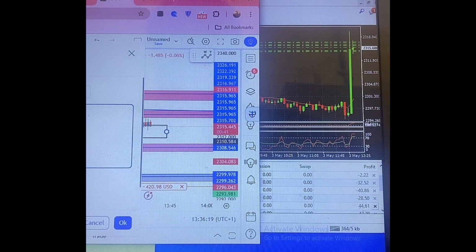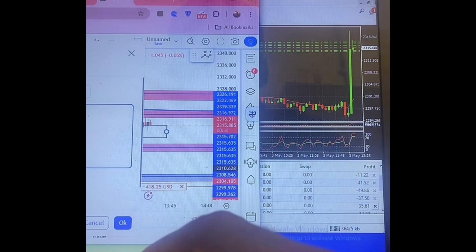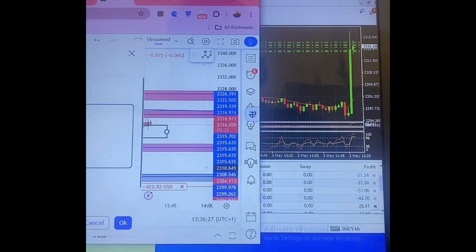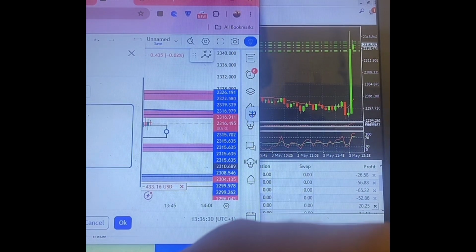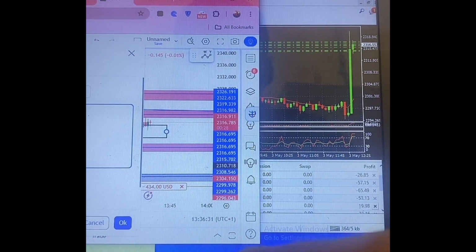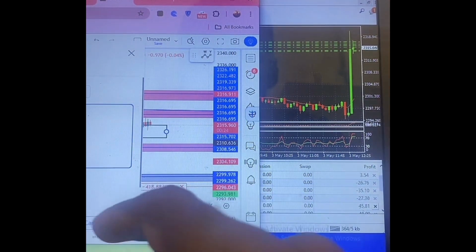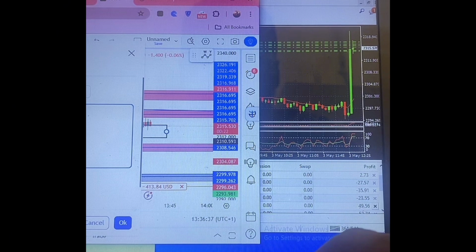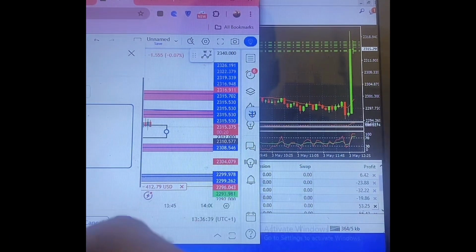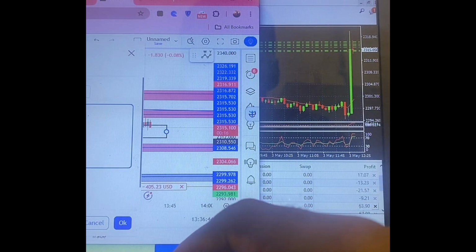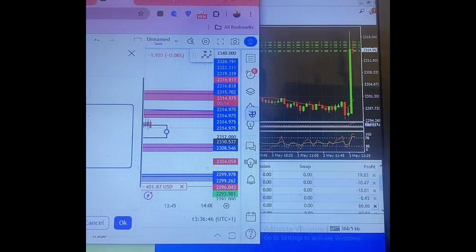So I'm going to put my sell signal for you guys now, so you understand what I mean. Let's put sell at 2318 to around 2324.